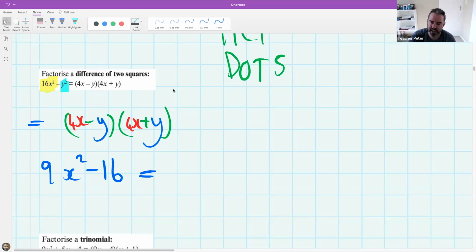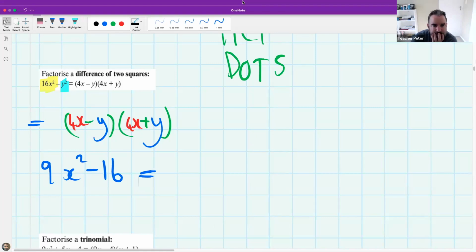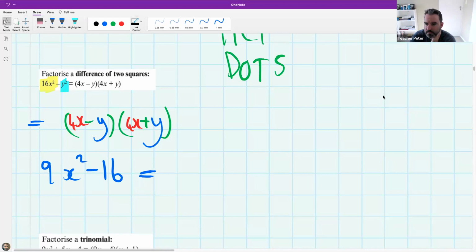Just say done when you're done, and then say when I know. Yeah, so one must have a plus sign and one must have a negative sign.